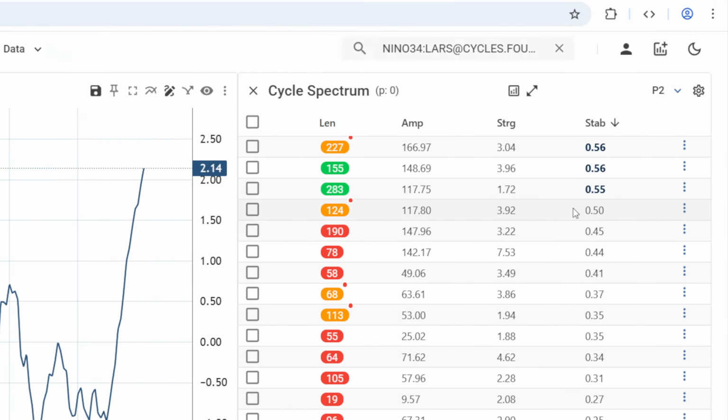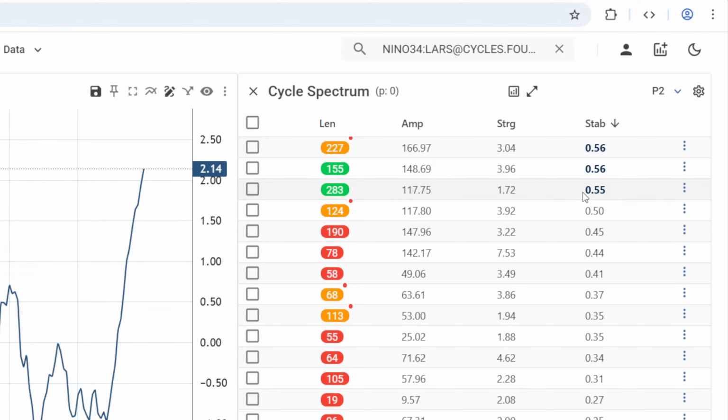And, long story now, coming to the conclusion, we can conclude we have 3 valid cycles with a given length, which have enough stability, low variability in the past, which qualify to be selected for projection and forecasting.